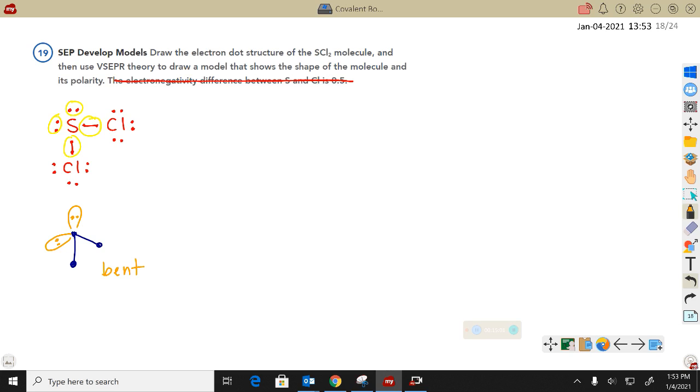Now another question they might ask you is to describe the angles. Now, you do not need to memorize the 109.5 for a tetrahedron. But what if the question just said something like this?